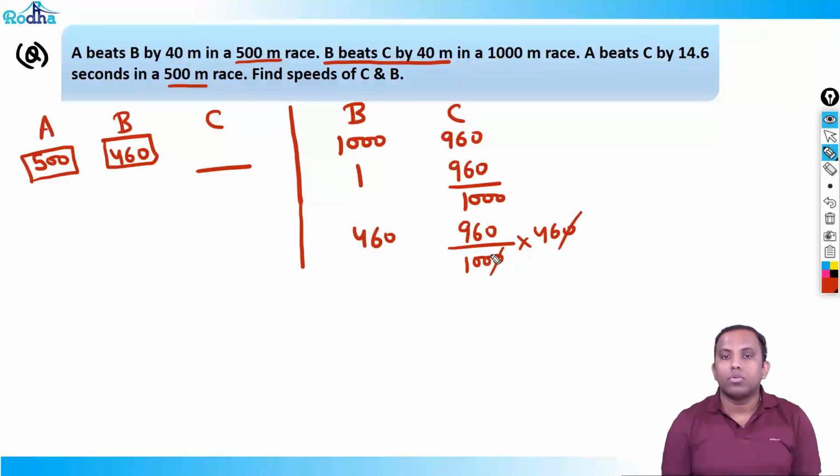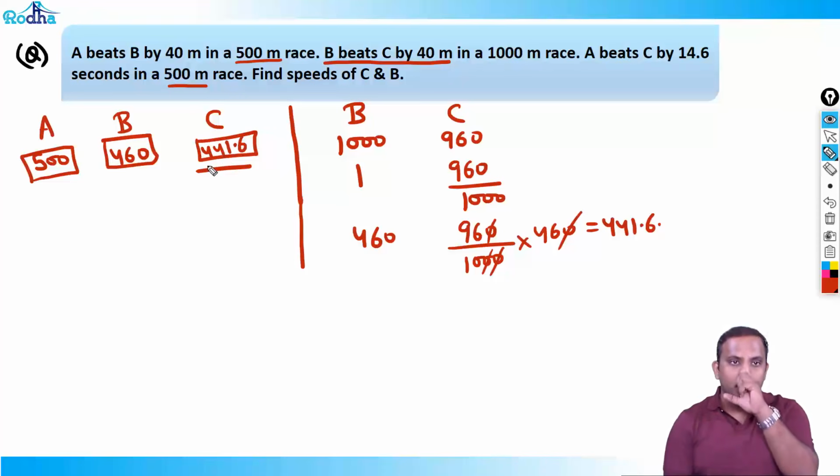You can cancel: 46 into 96 by 10. So 46 into 100 minus 46 into 4, that is 4600 minus 184, 4416. 4416 by 10 is 441.6. That means in that time C will cover 441.6 meters.